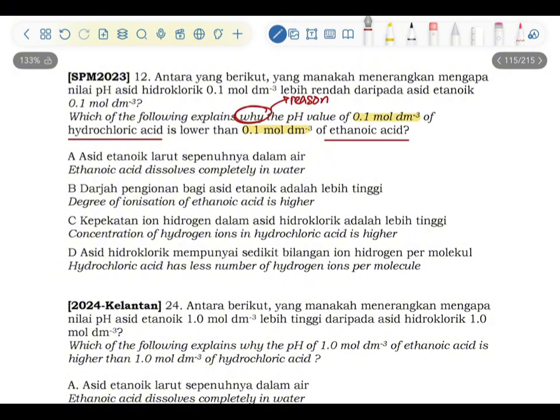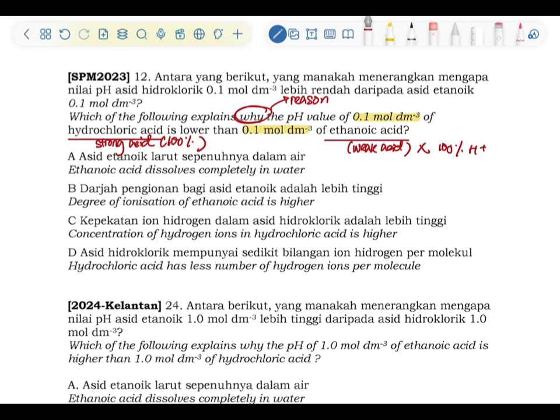So the first thing you need to know is that the hydrochloric acid is actually a strong acid. It means it produces 100% of the hydrogen ions when it dissolves in water. And ethanoic acid is a weak acid. It means it does not give out 100% hydrogen ions. So let's look at A, B, C, D one by one.